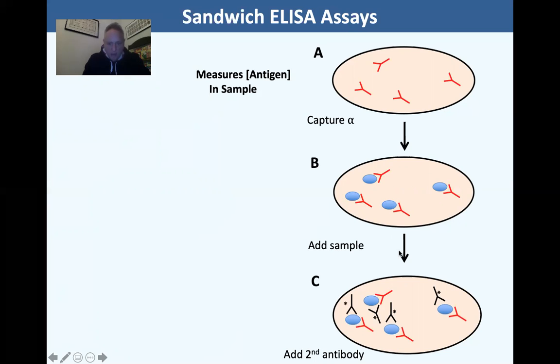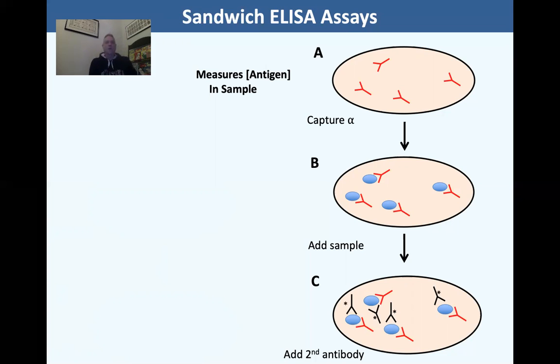Then you add your secondary antibody, and you form a sandwich, as the name implies. And so the idea is that the second antibody recognizes the antigen, but in a different place.